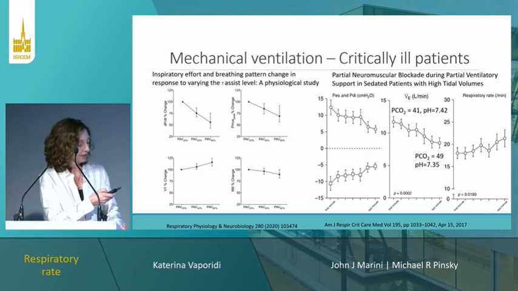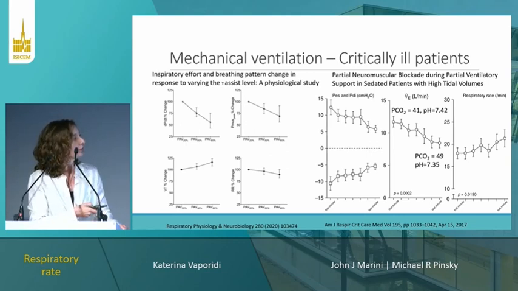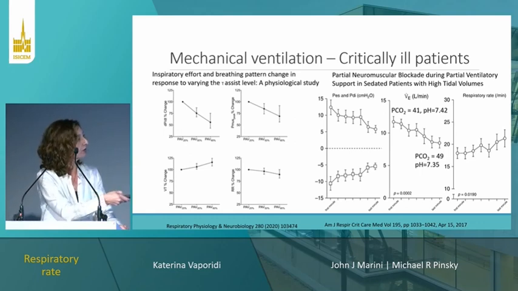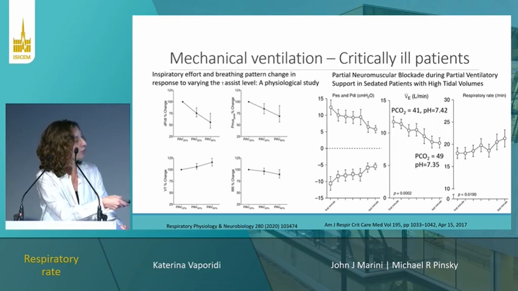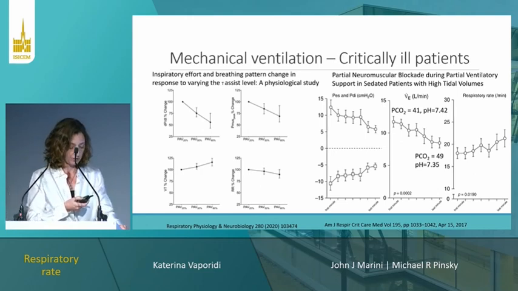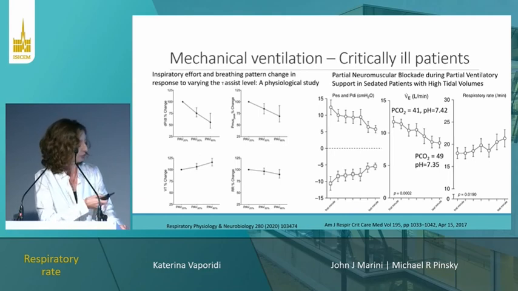And this is data from the next speaker, a study on partial neuromuscular blockade, which aimed to decrease patient high effort, and it actually did so, and decreased minute ventilation. Patients became slightly hypercapnic, but the respiratory rate changed from a little less than 20 to just a little bit more than 20. So respiratory rate is not very sensitive; it doesn't really change much when we change effort.